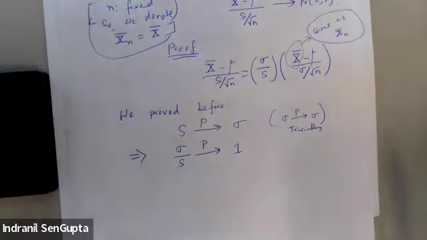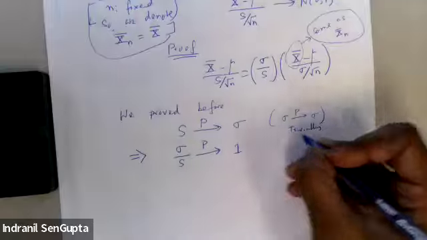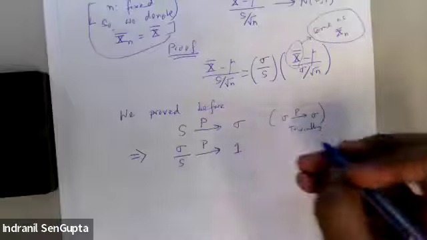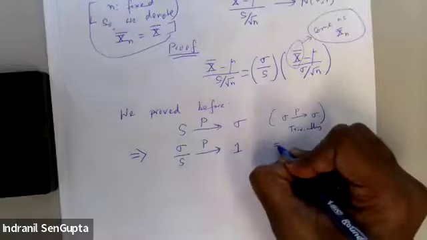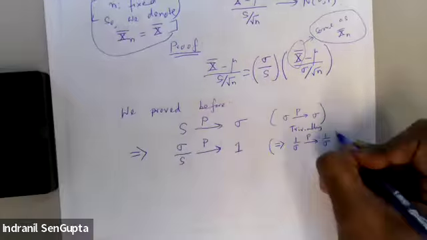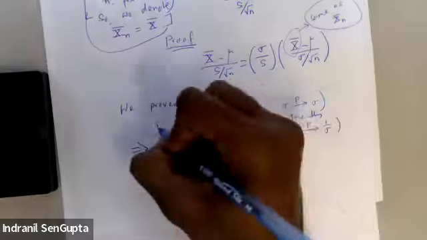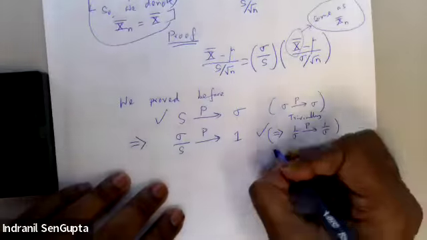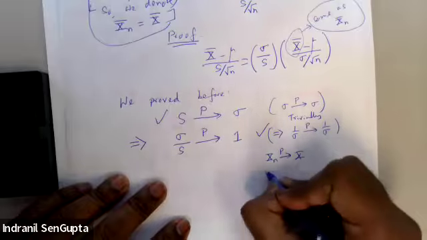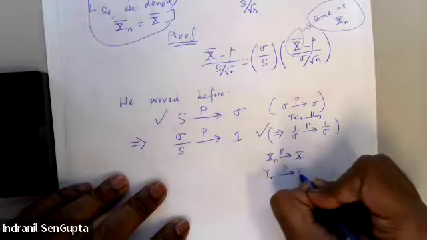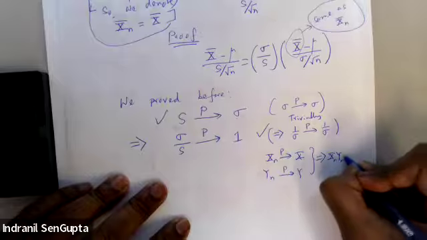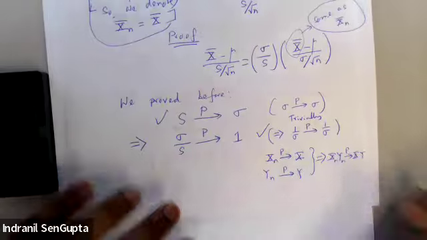Basically, for that we don't need anything like independence. So what we really are doing is the following. If xn is converging to x in probability and yn is converging to y in probability, then xn times yn is converging to xy in probability.